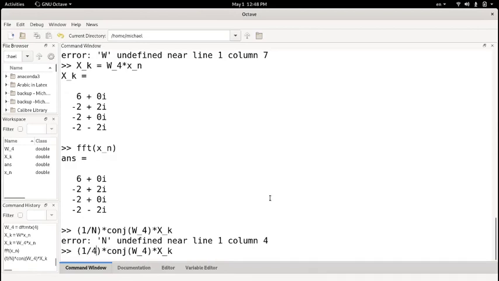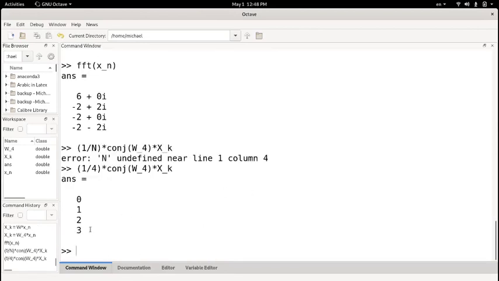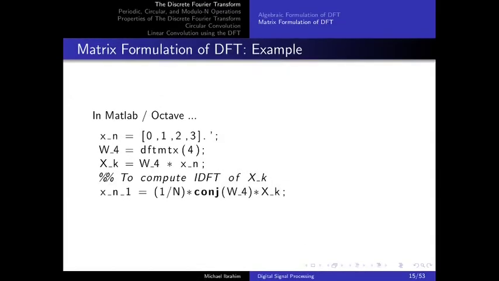N in this case is 4, so we'll get 0, 1, 2, 3, which is the original time domain sequence. So now we know how to compute the DFT and the inverse DFT in MATLAB and by hand, using the matrix formulation of the DFT.